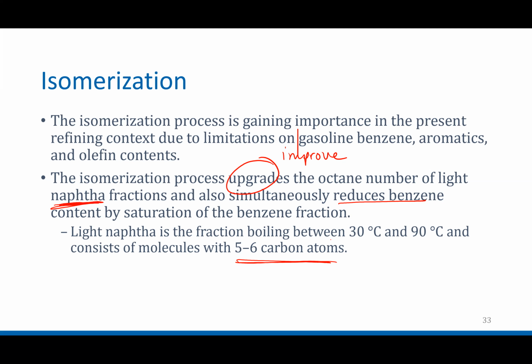Naphtha is a term specific to the oil and gas industry that typically represents pentane or pentane derivatives, hexane derivatives. So isomerization can improve the octane number of smaller fractions and increase the quality by reducing things like benzenes, basically purifying that product.